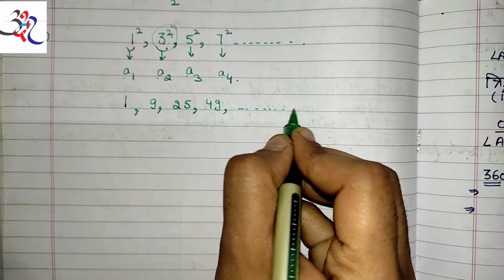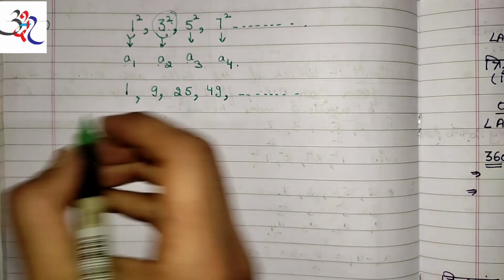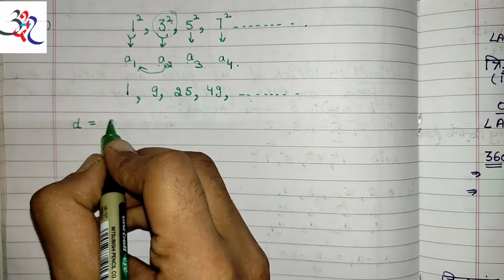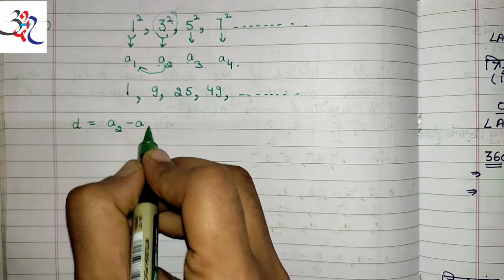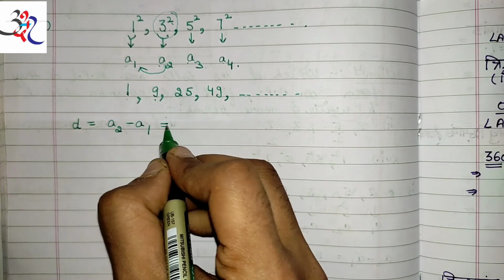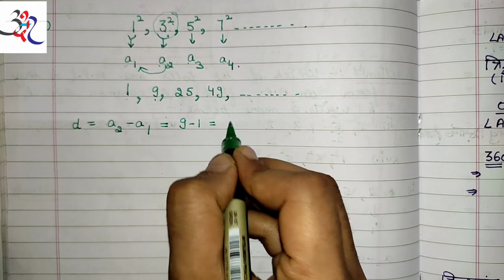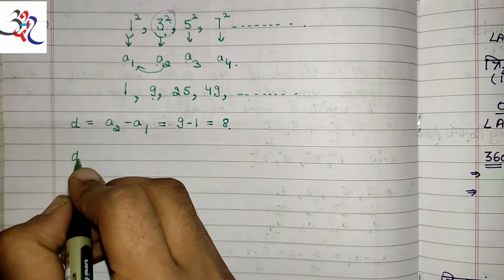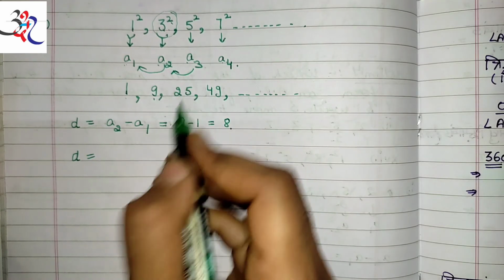So how to check whether it is an AP or not? What we have to do? We have to find out the common difference, which is equal to A2 minus A1, which is equal to 9 minus 1, which is equal to 8. Also, I have to find D from this part also.